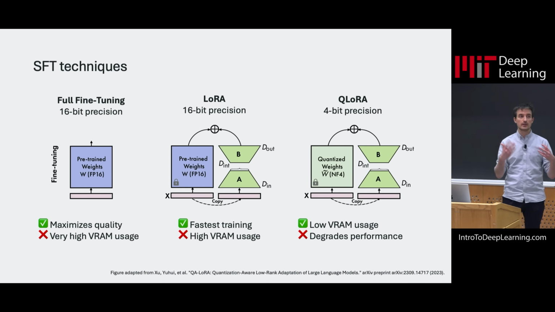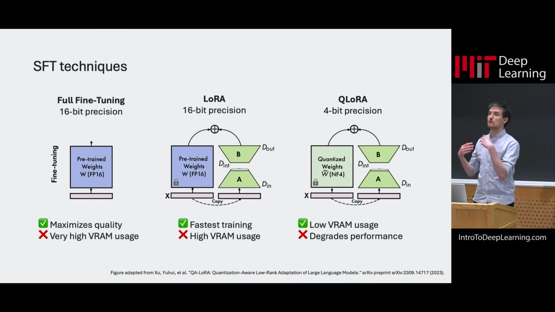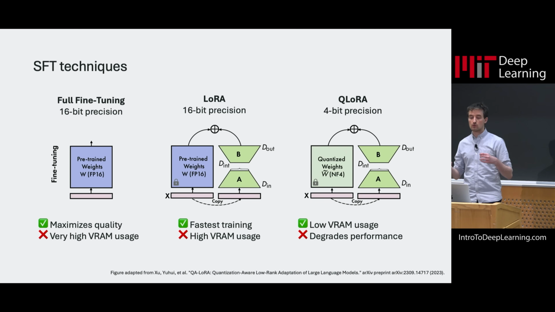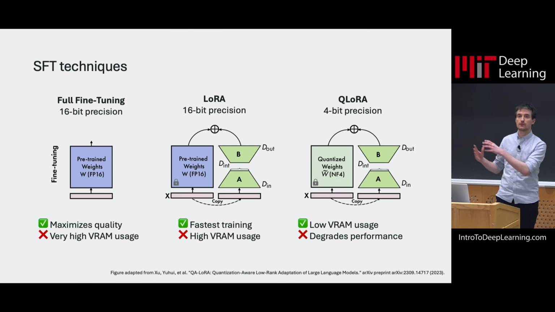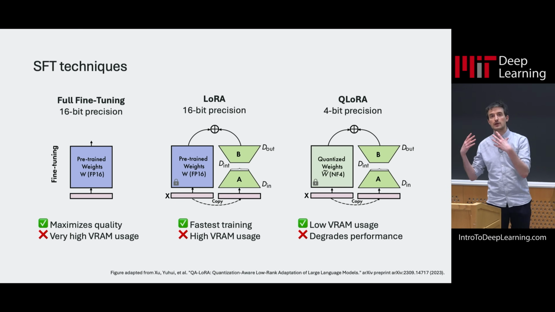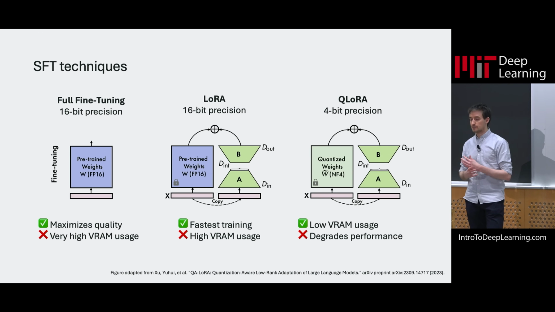So if you are really hardware constrained and you don't have enough GPUs to really do the LoRA fine-tuning, you can use QLoRA. QLoRA is a variant of LoRA where you don't load the model in full precision, but you load a quantized version of it in 4-bit precision. Then you apply the adapters and the LoRA fine-tuning, but the idea is that now loading the model is not as costly.